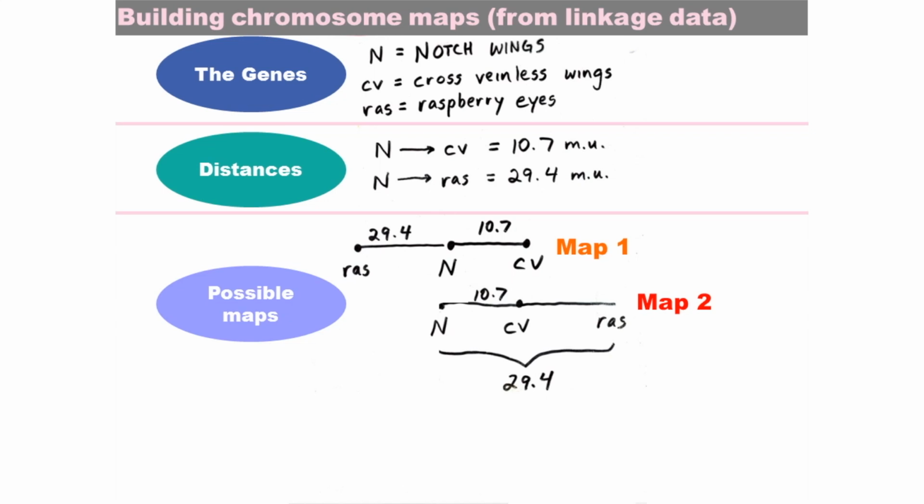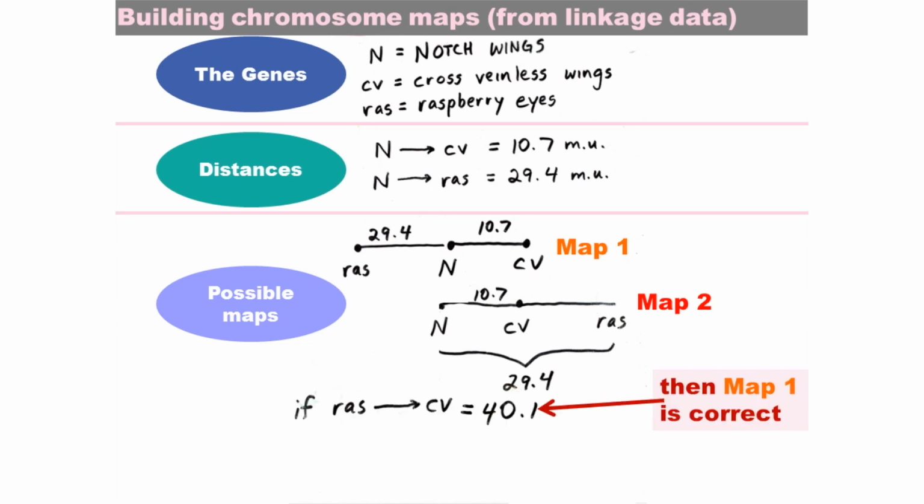But here's the thing that's interesting here, the difference between these two maps is this. If we do a third experiment, we look for the proportion of crossover gametes produced when we compare raspberry eyes to cross-veinless wings. If the map distance we get is 40.1, they're really, really far apart, that tells us that map 1 is correct, that distance has to be that.